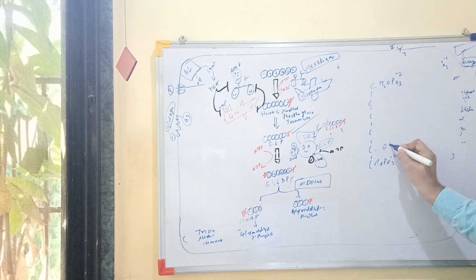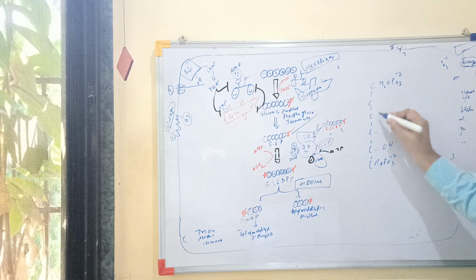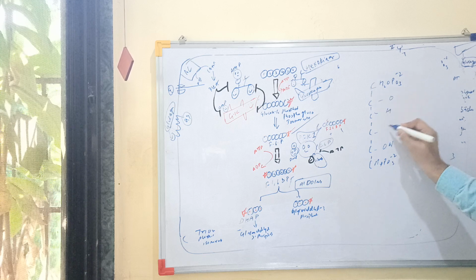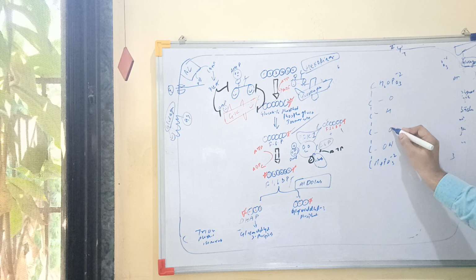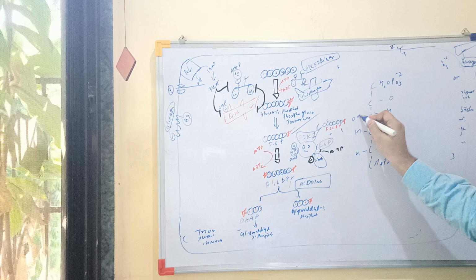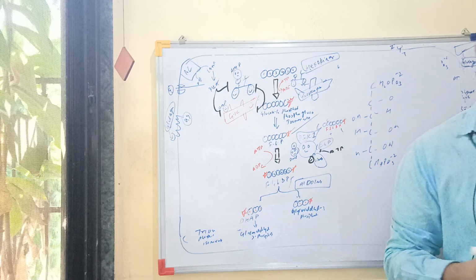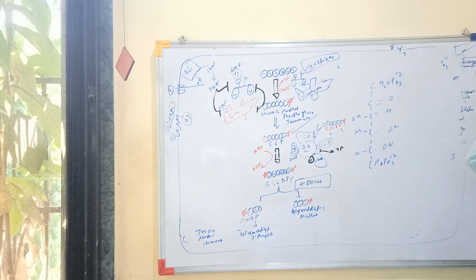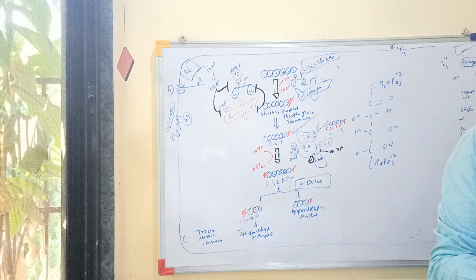And here you have an OH group, and here you have O, here H, and this is your OH, H, OH. Sorry, I forgot the double bond. So this was our fructose 1,6-bisphosphate.